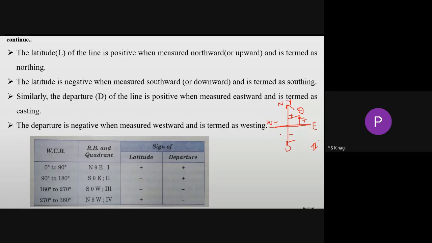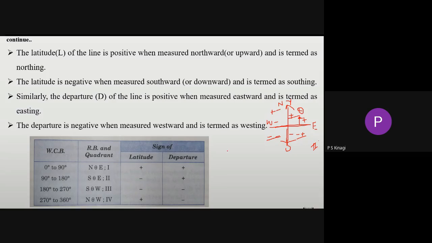In that condition our latitude is measured towards the south side, so latitude will be negative and departure will be positive, because departure is measured towards the east. Similarly, in the third quadrant both are negative, so both latitude and departure will be negative. Coming to the last, the fourth quadrant, latitude is positive and departure is negative.